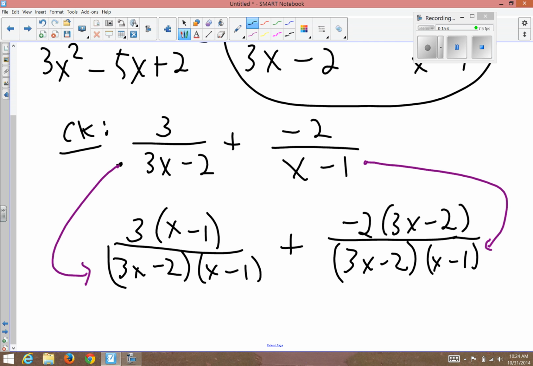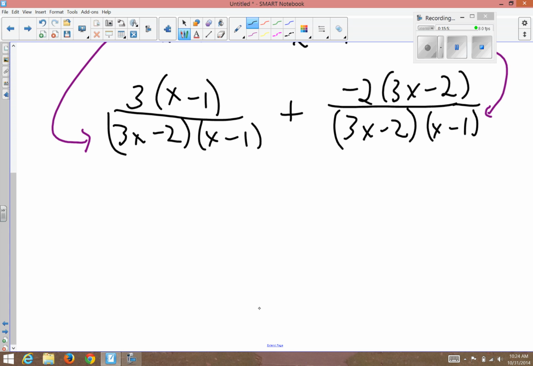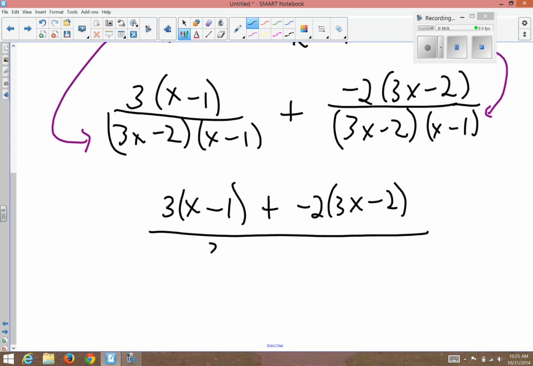So I see that if I cancel these x minus 1s, we'd be back up here again. If we cancel these 3x minus 2s, that would be back up there again. We don't want to cancel because we don't want to be back up there. We need the same denominator. So the numerator of the first fraction plus the other numerator all over the common denominator.